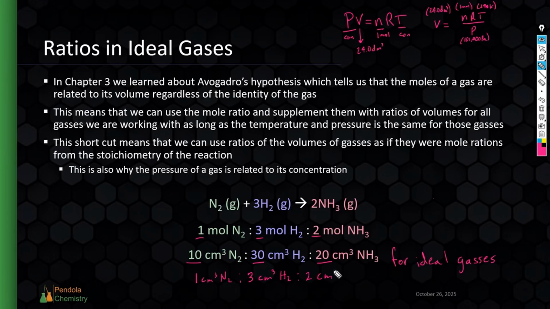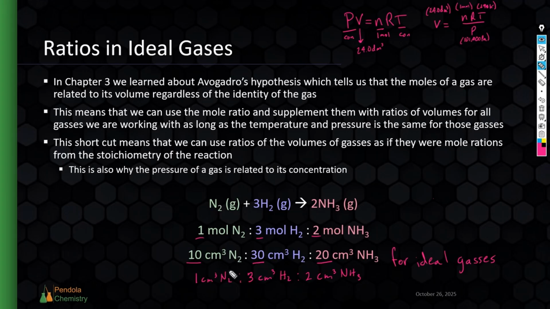Why? Because that 1 to 3 to 2 ratio is equivalent not just for moles, but also for volume for an ideal gas. So 1 to 3 to 2 is the same as 1 cubic centimeter to 3 cubic centimeters to 2 cubic centimeters. And then we just multiply all that times 10 to get 10 cubic centimeters to 30 cubic centimeters to 20 cubic centimeters.